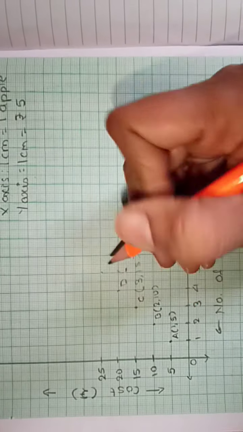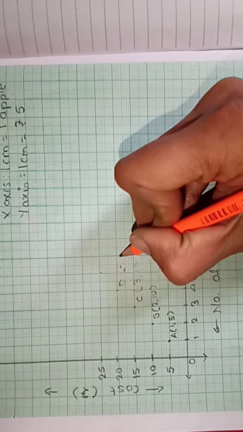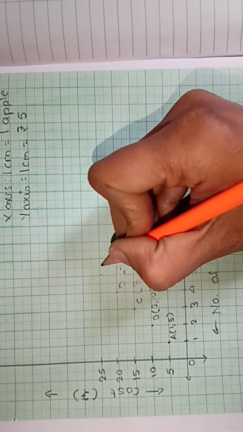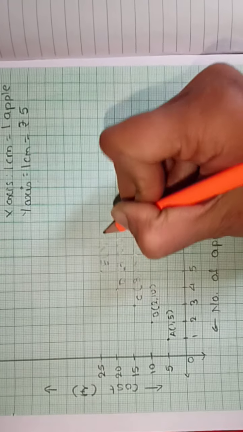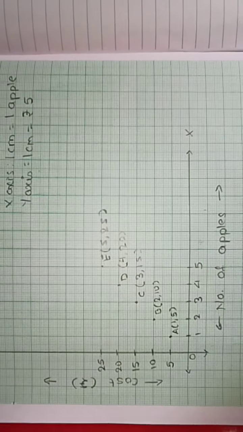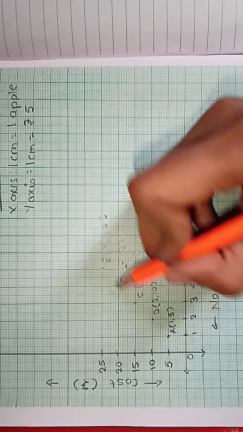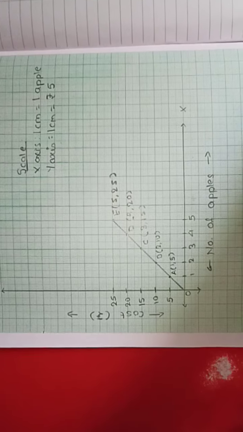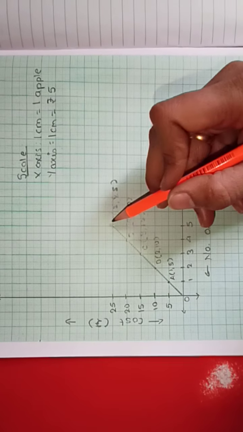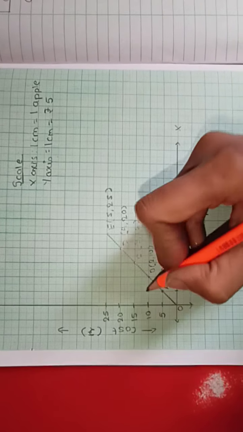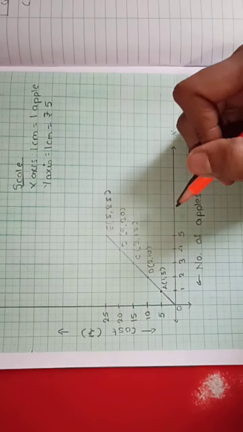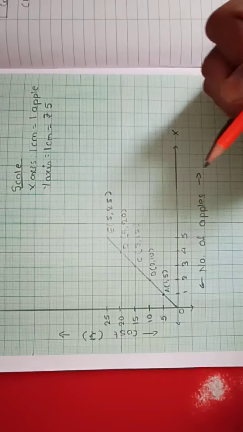Then D is 4 and 20, and E is 5 and 25. Now we have to join the dots. This way we join all the dots and extend it to the origin, 0. So the cost of the apples increases as per the number of apples.